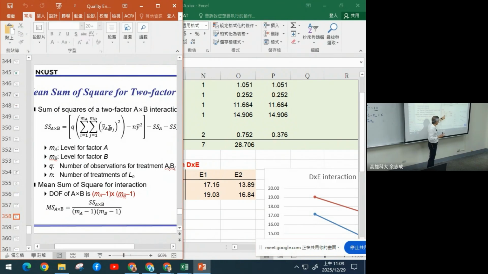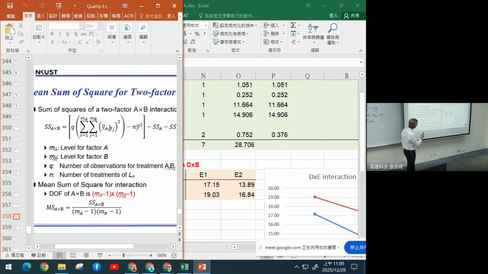This is how we calculate this average. Therefore, this Q will be 2 multiplied by 2. So sum square for these 4 multiplied by 2 and minus the total average, y bar square, multiplied by n. N is number of experiment in that orthogonal array, which is 8.